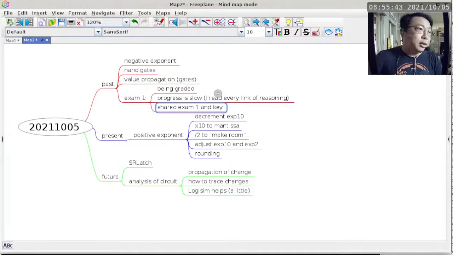Exam 1 is being graded, so anyone who wants to ask about exam 1, I spent Saturday, Sunday, and Monday for the most part grading exam 1, and it was slow. That's because I was reading every line of reasoning when people tried to figure out the bits. You have already been sent a link with your own exam answers and also the key to the exam.